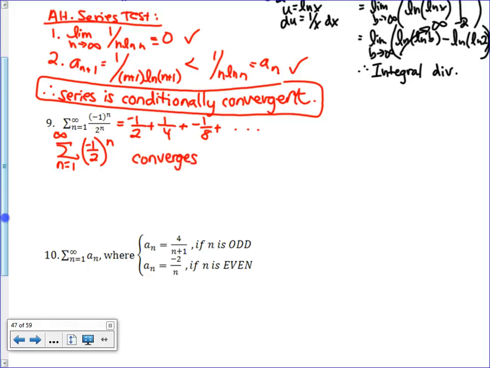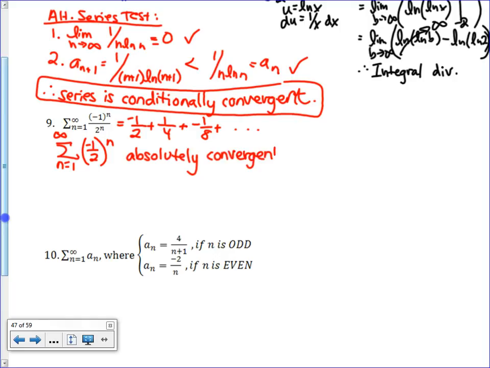Wait, hold on. If it converges by geometric series test because r is equal to negative 1/2, is that good? Yeah, it is, right? So I could say not just converges, what could I say? Absolute. If they asked me, I would say absolutely convergent.